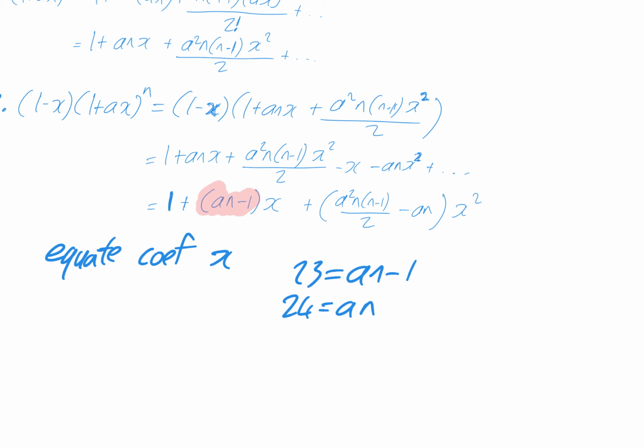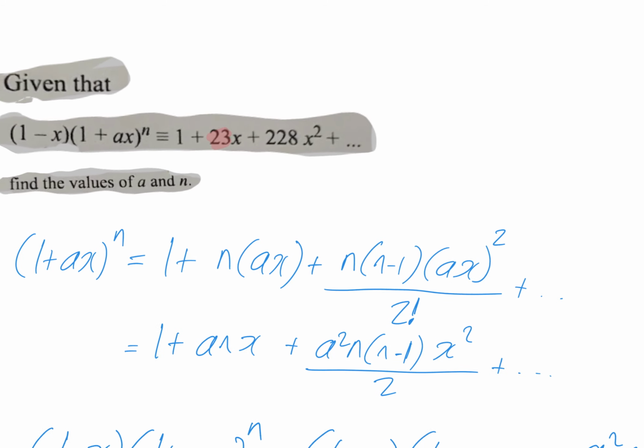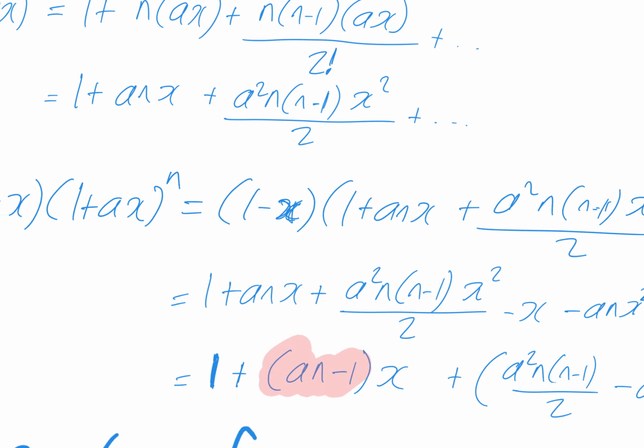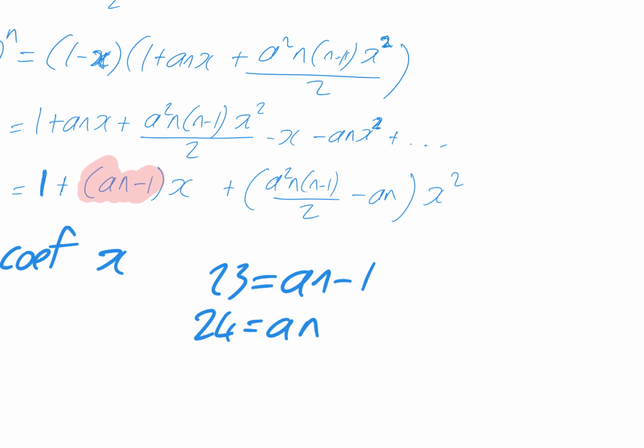If we go back up to the top and look at our x squared term, and this is going to be the awkward one, we had 228 as our x squared term, and down here our x squared term was this horrible thing.